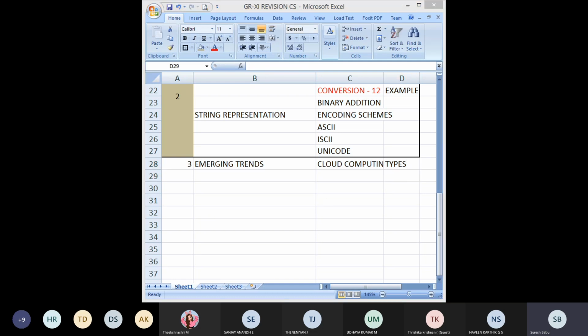In cloud computing, you should know its usages, its diagram, applications, and the difference between private cloud and public cloud. Then we learned about the concept of blockchain technology.